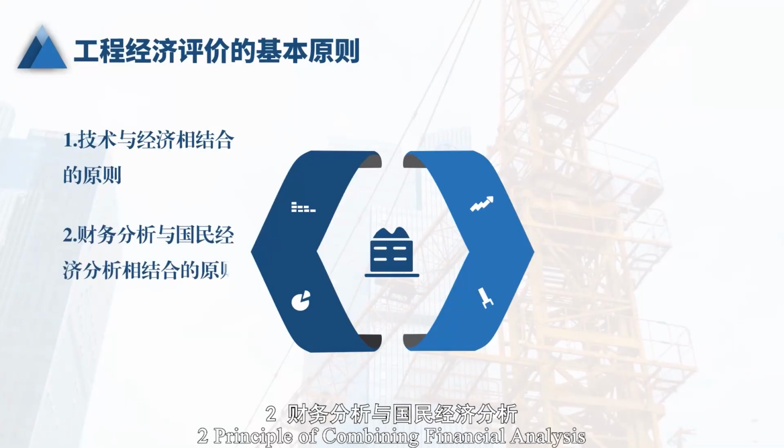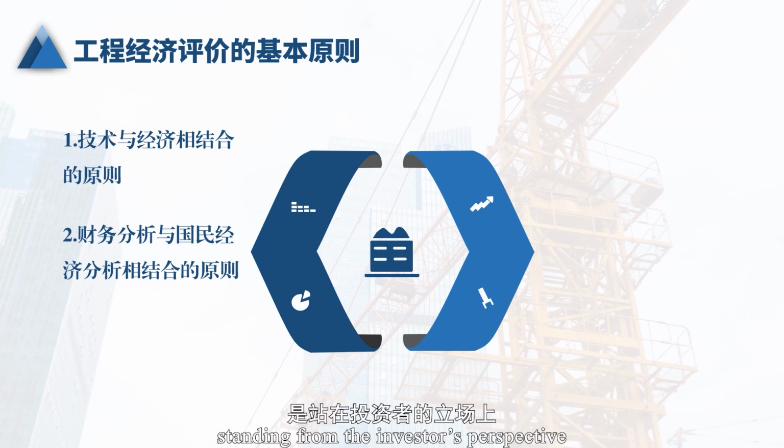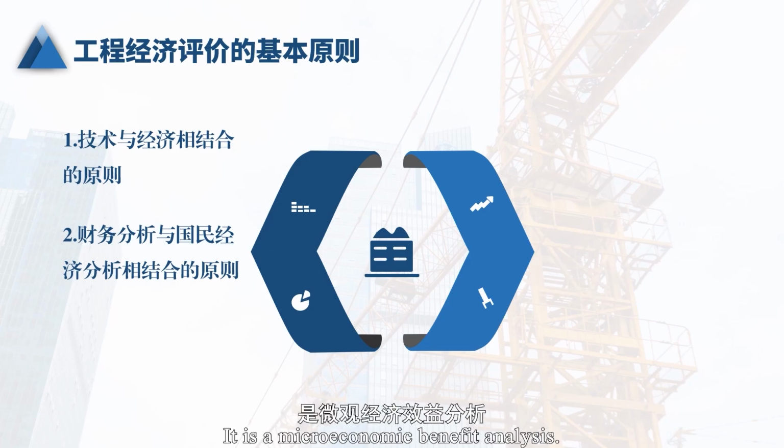Second, principle of combining financial analysis with national economic analysis. Financial analysis of a project is conducted based on China's current financial system and pricing mechanism, standing from the investor's perspective, to examine the economic effects of the project on the investor. It is a microeconomic benefit analysis.